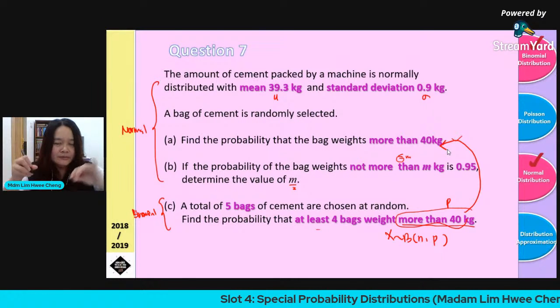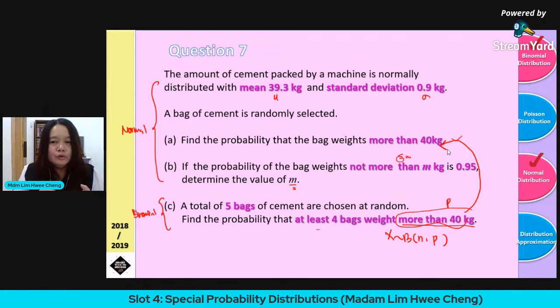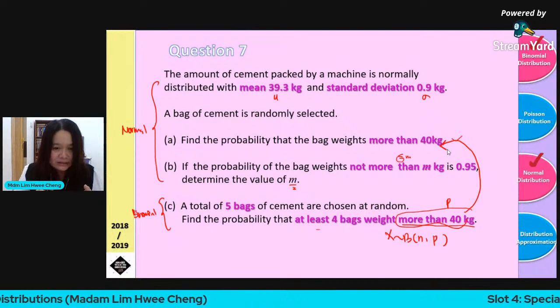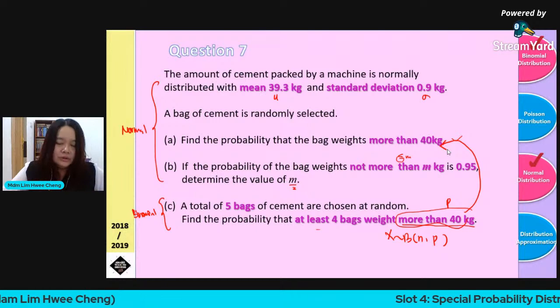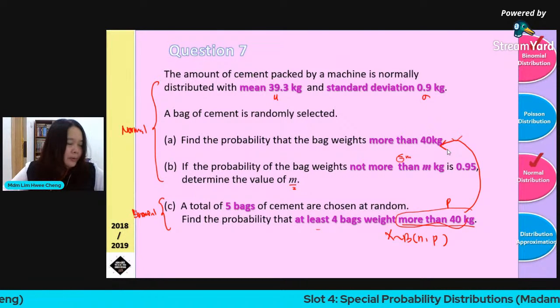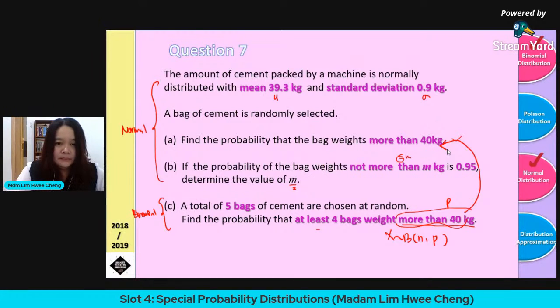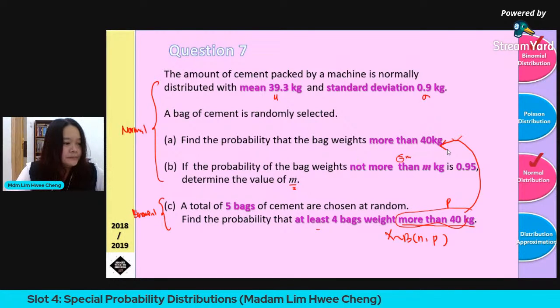So how do we find the n? You have to know, for each distribution, what are the main parameters needed for you to calculate the probability. So you have to find its parameters.